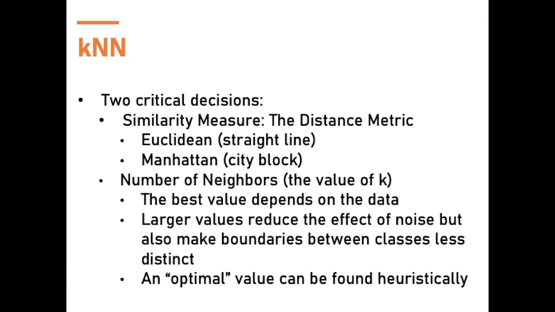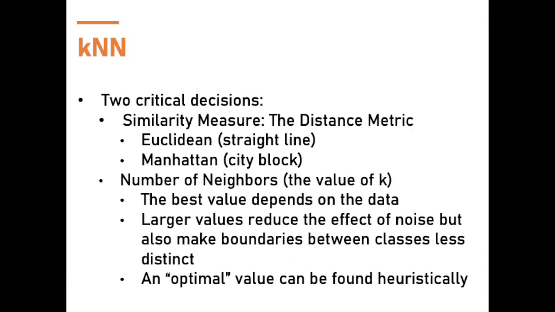And what about the decision related to the value of K? If we choose larger values of K, we reduce the effect of noise on the classification or regression, but also we make the boundaries between classes less distinct, more difficult to distinguish.